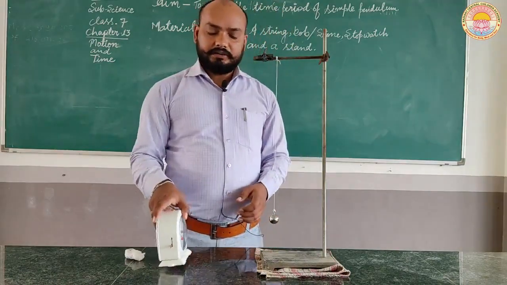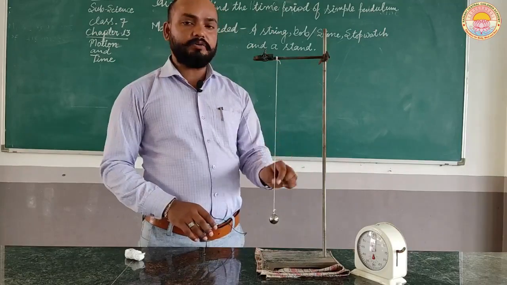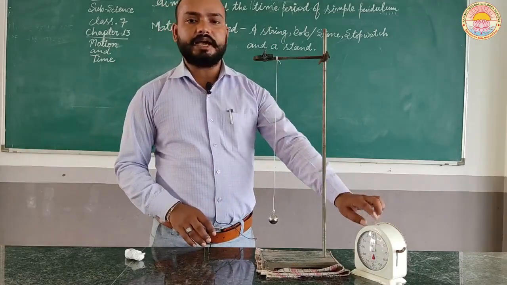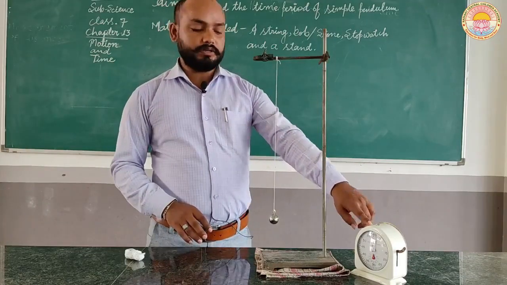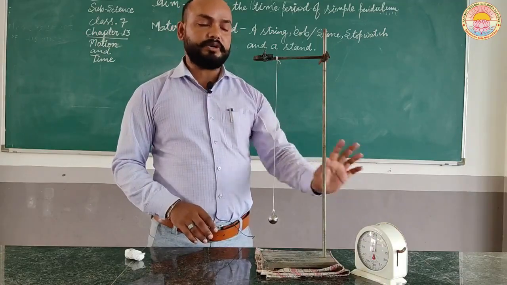So let us start. First of all, we will move this bob from its mean position and count 10 oscillations, and we should note the time on the stopwatch, how long it takes to complete 10 oscillations.